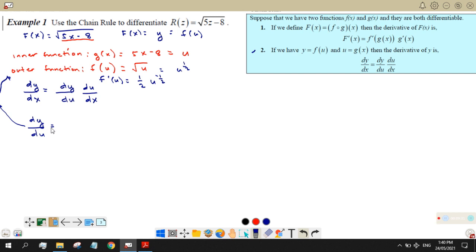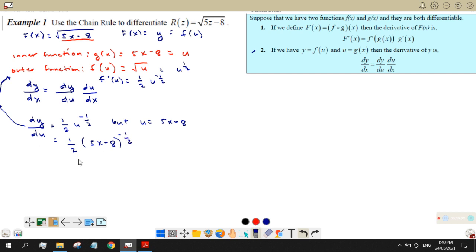So, pwede nating isulat dito ay 1/2 u raised to negative 1/2. But, u is equal to 5x minus 8. Right? So, dy over du will be equal to 1/2 times 5x minus 8 raised to negative 1/2.